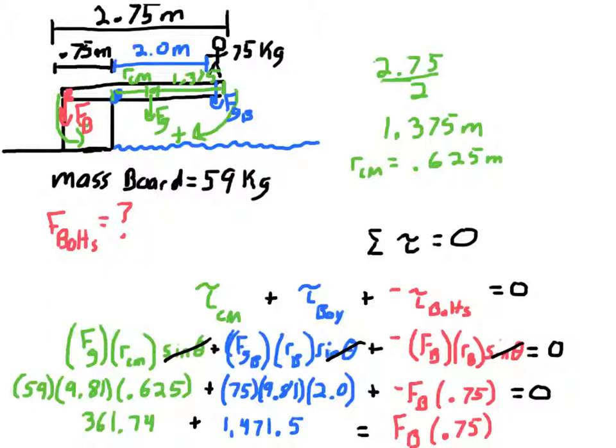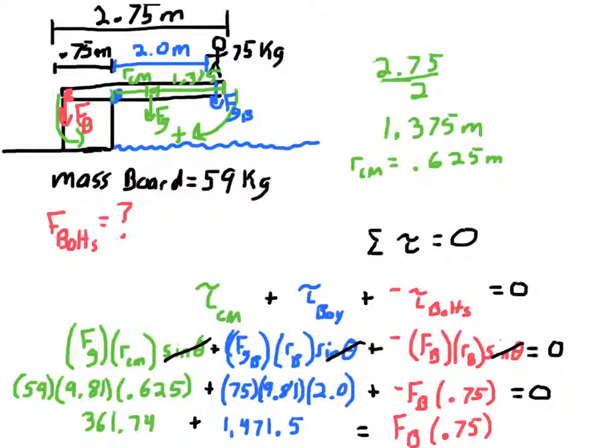Each torque is a force times a distance away, and if there's some angle between them, like if this force wasn't pointing straight down, then you'd need a sine theta there. If it's 90 degrees, it cancels out. Sometimes the force is the force of gravity, that's mass times gravity. And so you add up all your torques.